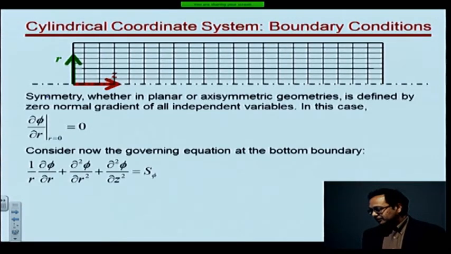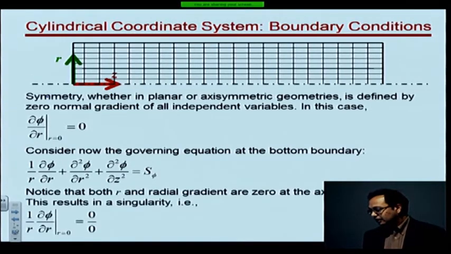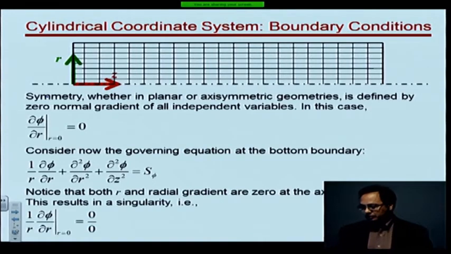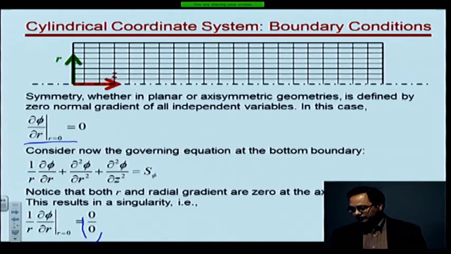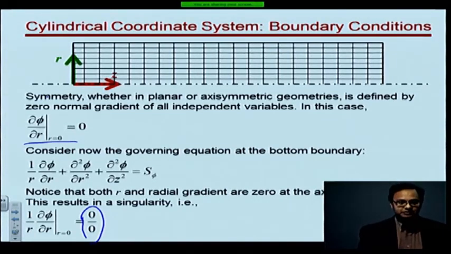So here's our governing equation in RZ coordinates. I've taken out the theta, so this is just for 2D axisymmetric. If you now use the symmetry boundary condition, you see that you basically get a 0 over 0, because r is 0 obviously, and then d phi dr is also 0.